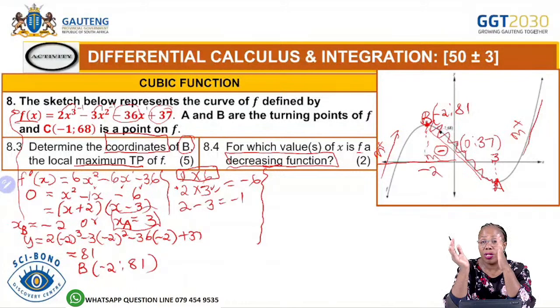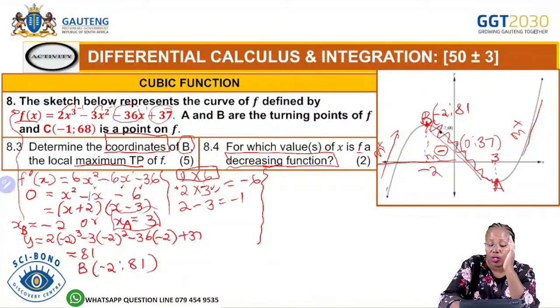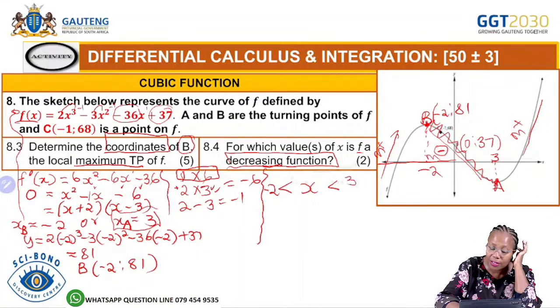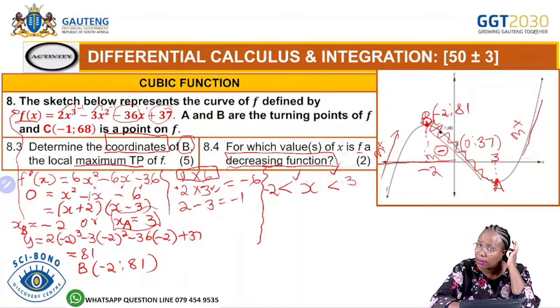Can you see it's between the two x values, -2 and 3? So the minute it is in between, our x will be in between. Between what? -2 and 3. That is the first notation. That is why we have 2 marks. It will be for that part and this one.